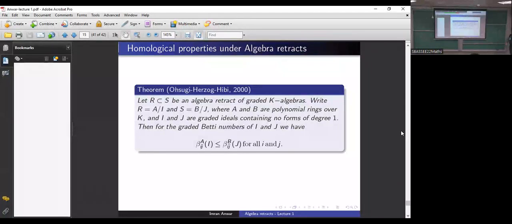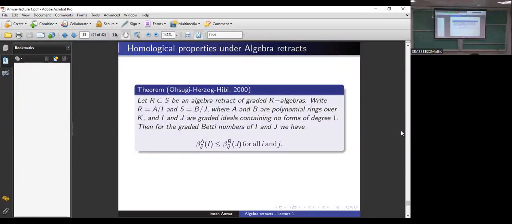Wherever the inclusion exists, the question arises for the retraction. This result helps us: if I compute the graded Betti numbers of I and of J, and if they satisfy this particular result, it doesn't say anything. I repeat, I am undecided whether there exists an algebra retract between them or not.